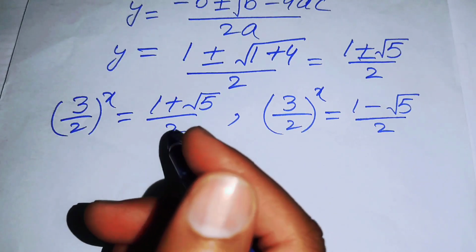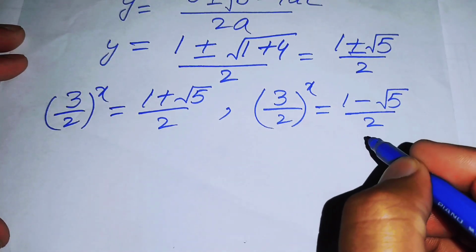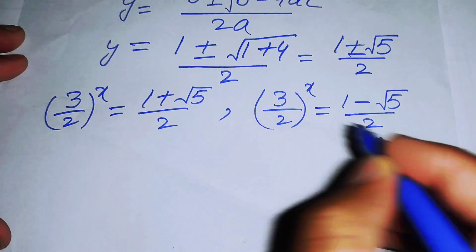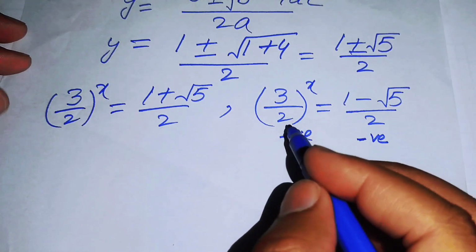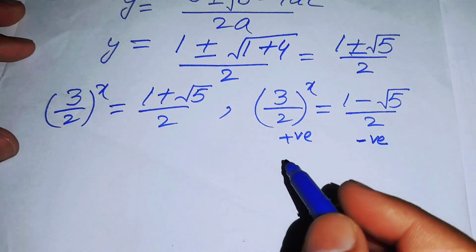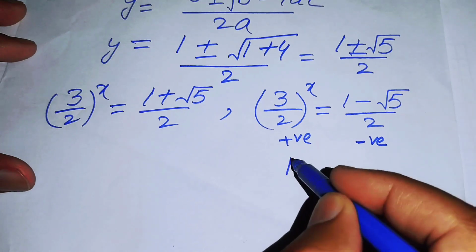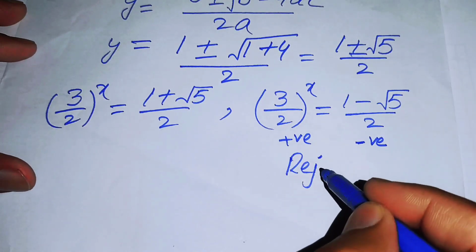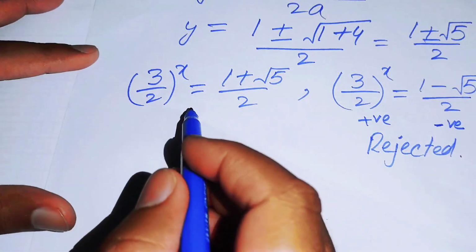I can neglect this case, because the right hand side becomes negative and the left hand side is positive. An exponential function cannot give us a negative value, so this expression is not possible, so we reject this case and proceed with the first case only.